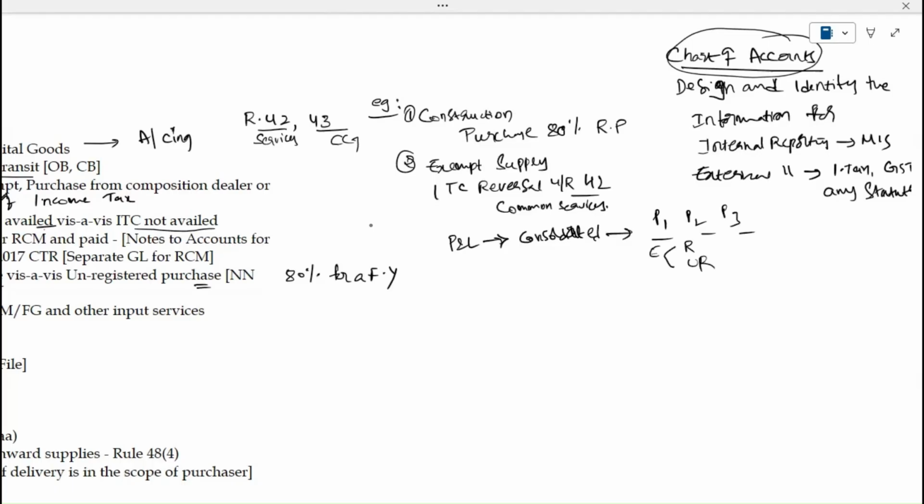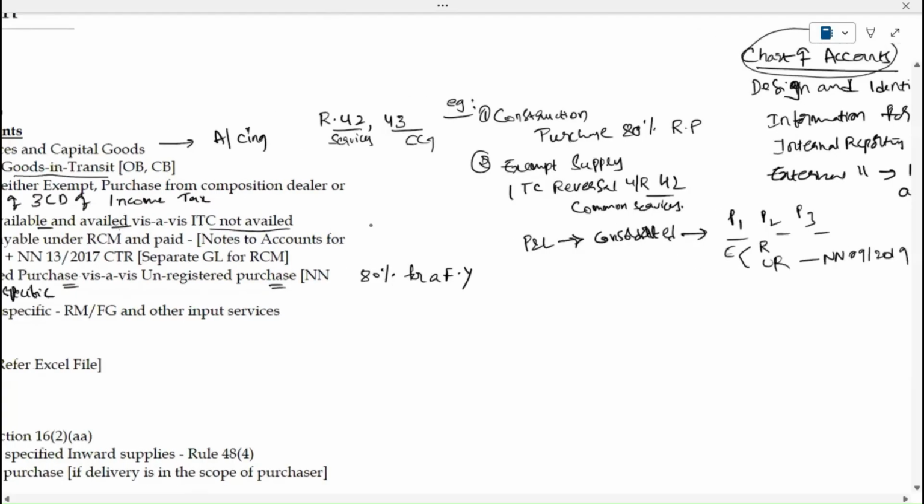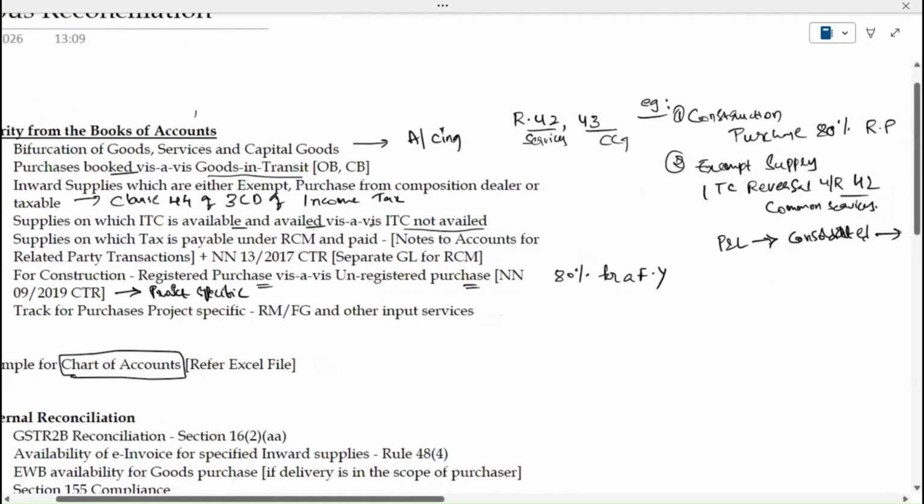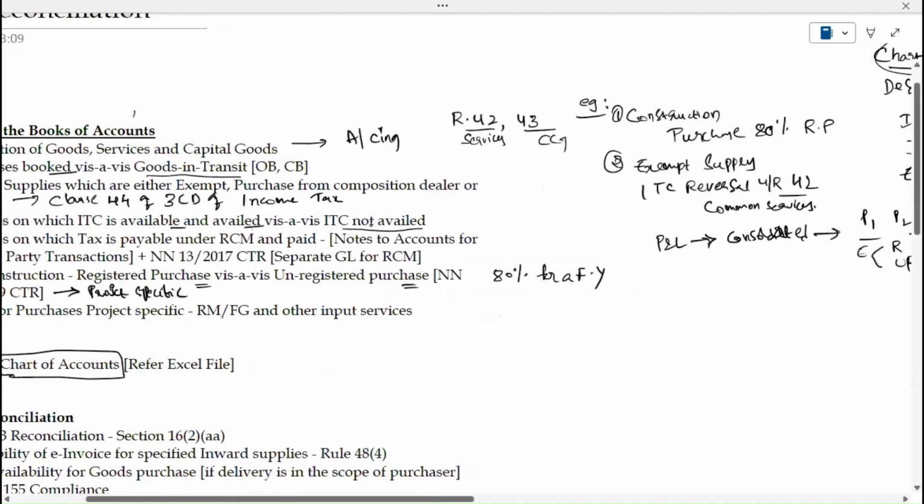With respect to unregistered, under Notification 9 of 2019, I check whether I have paid tax under reverse charge where there is a shortfall. Here, we get this clarity through the chart of accounts. Let's take an example, say Purvankara, Brigade, etc. I'll just come to the Word document.